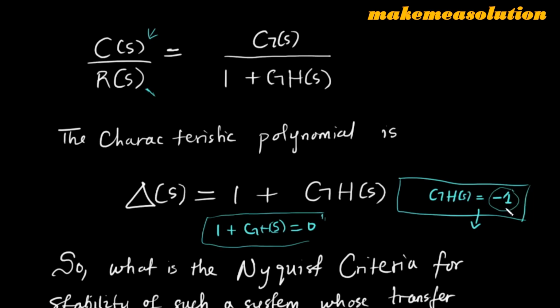Minus 1 is very crucial. The point minus 1 in control systems is called the critical point, and the Nyquist criteria is built around analysis of what happens at the point minus 1 comma 0, or minus 1 comma j0, or minus 1 plus j0, however you want to write it.